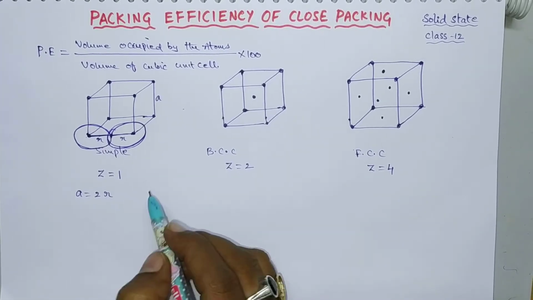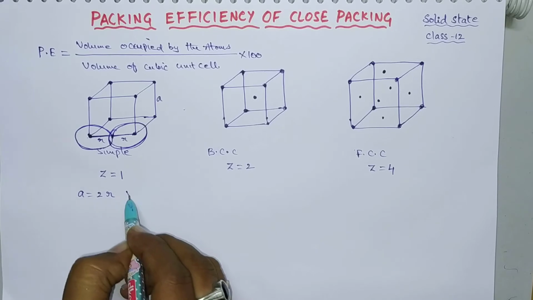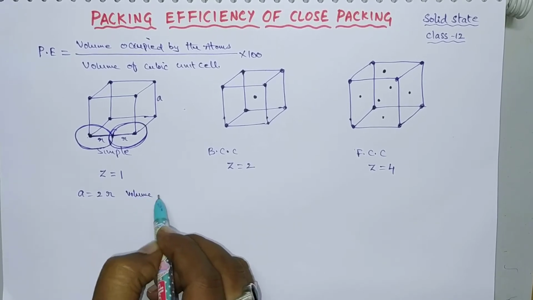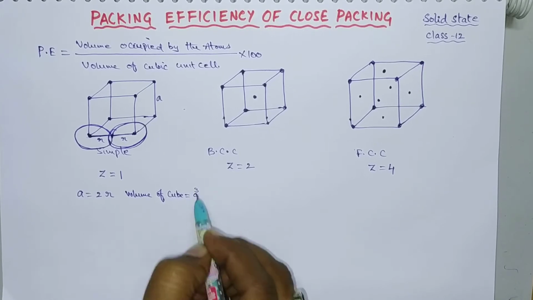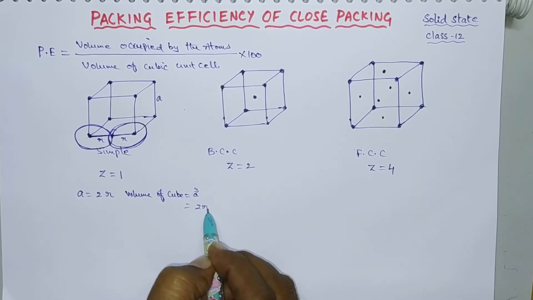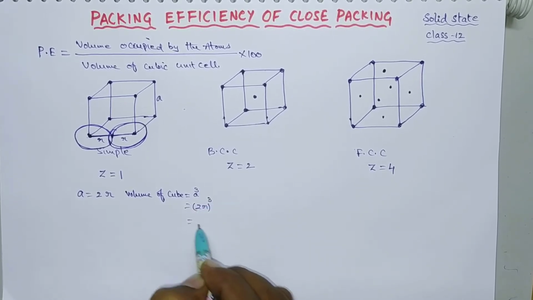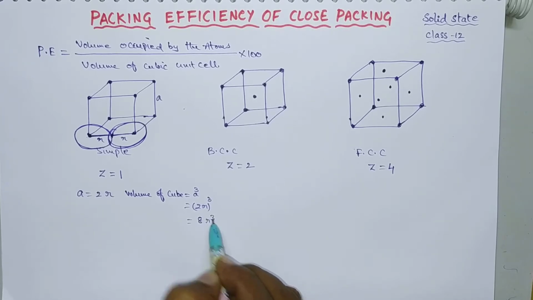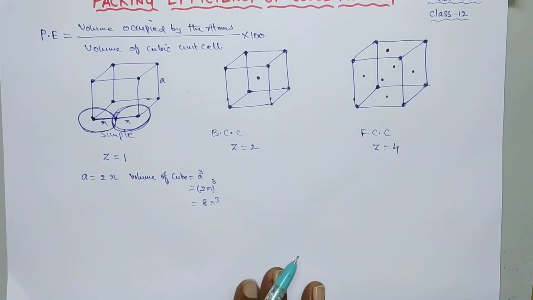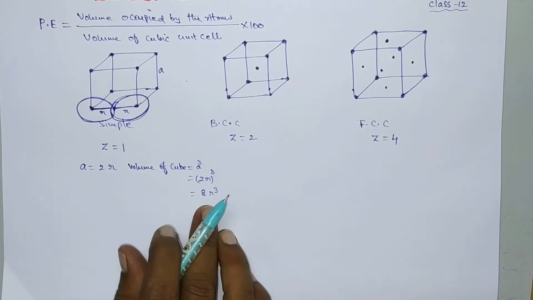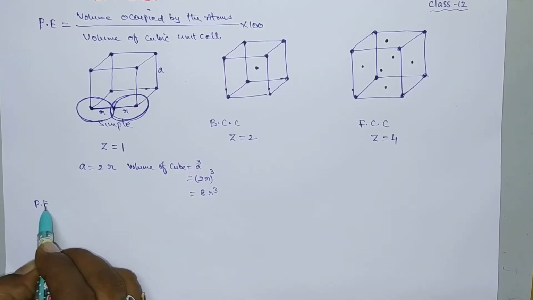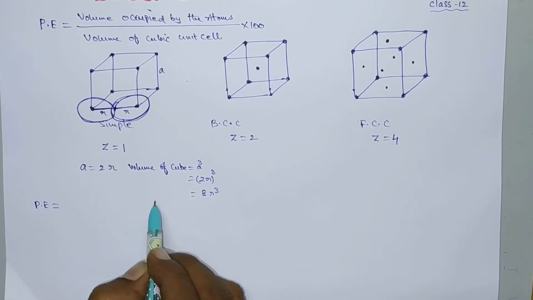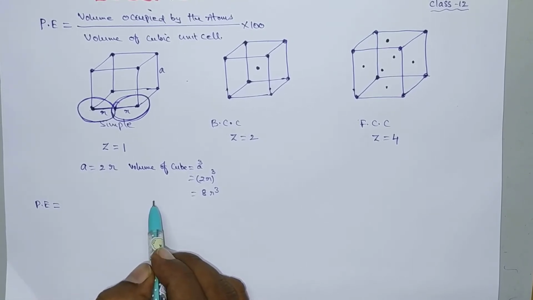Then the volume of the cube is equal to A cube, that is 2r whole cube, that is equal to 8r cube. So this 8r cube is the volume of the simple cube. Now the packing efficiency is equal to the volume of total spheres, that is the volume of total atoms.